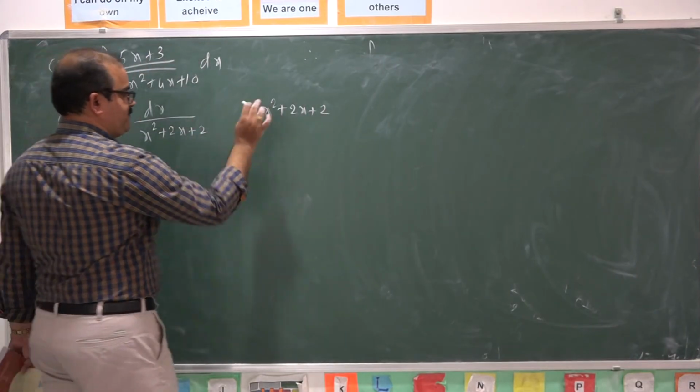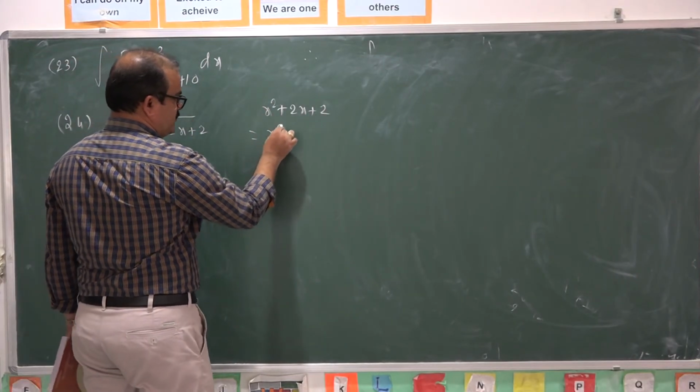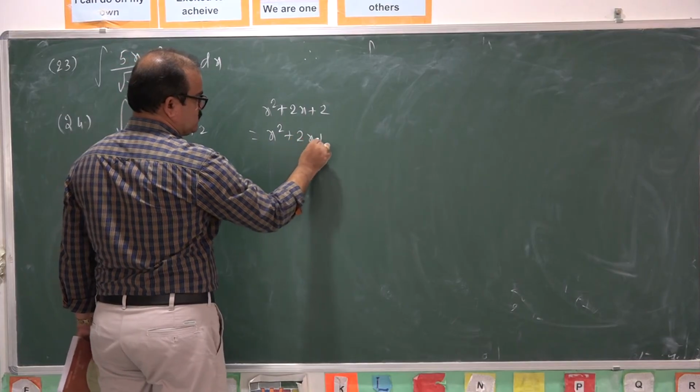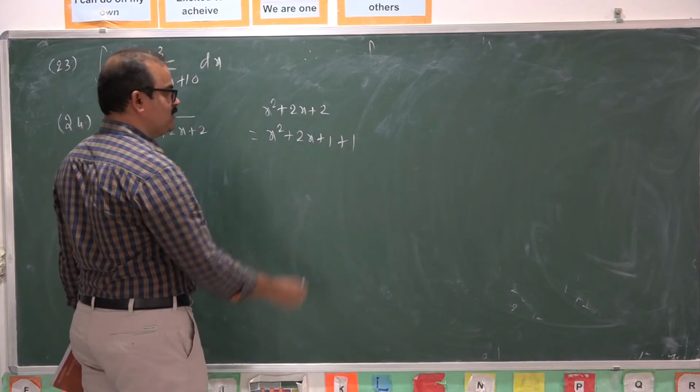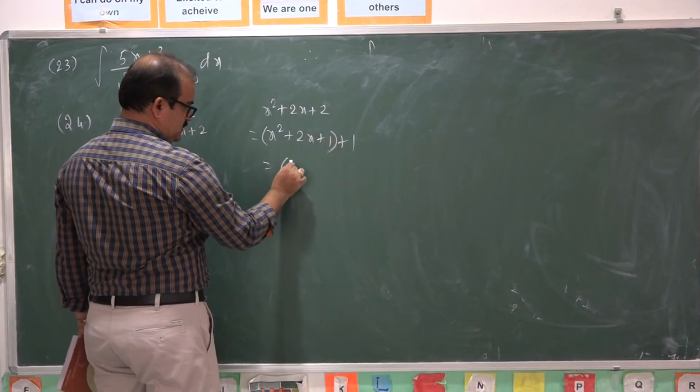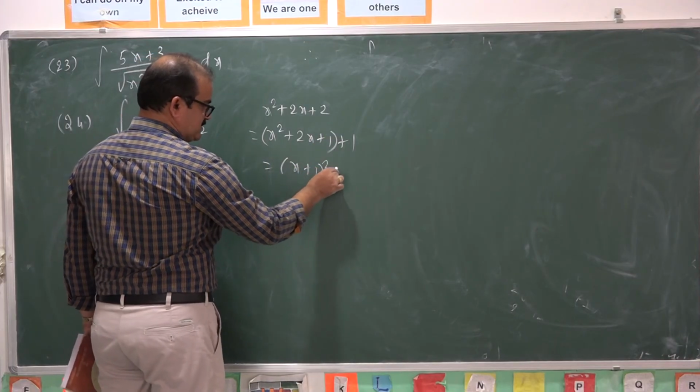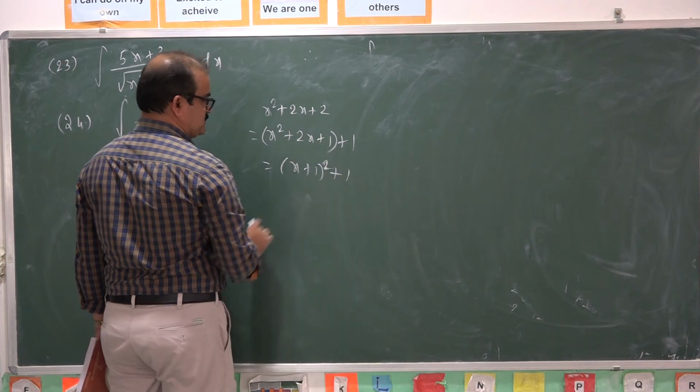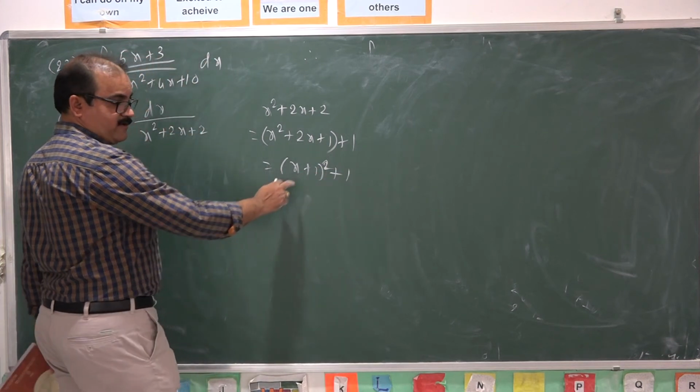You write it as a perfect square. You write it as x square plus 2x plus 1 plus 1. 2 is taken as 1 plus 1. The first three terms is the expansion of x plus 1 whole square, plus 1. So it becomes a perfect square.